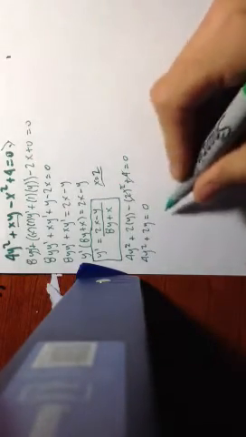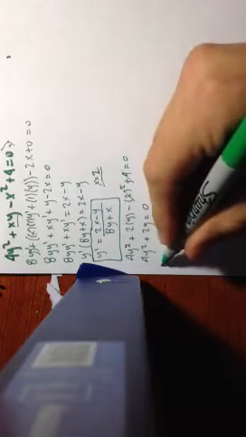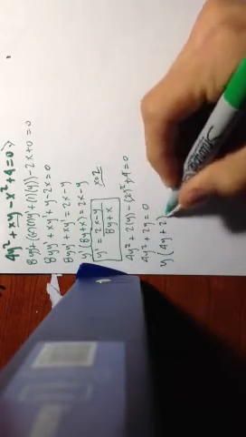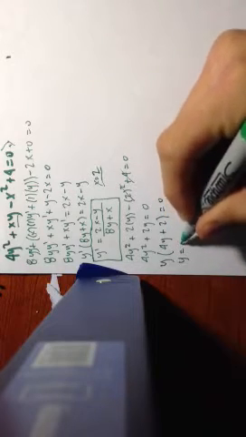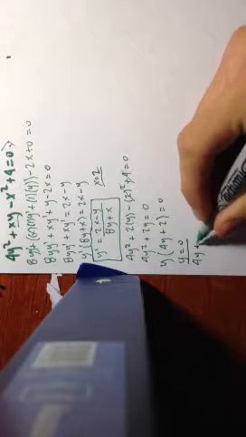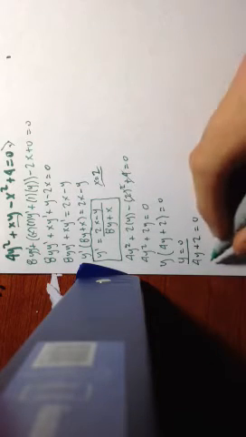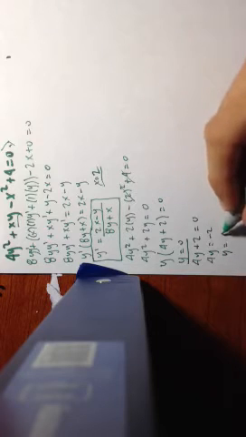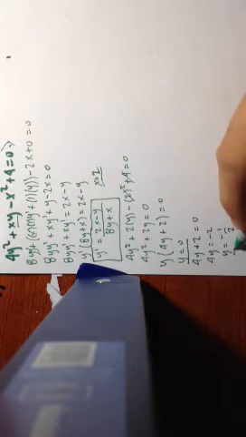Then we can factor out a y, so we get y times (4y plus 2) equals 0. So y equals 0, and 4y plus 2 equals 0, so 4y equals negative 2, y equals negative 1/2.